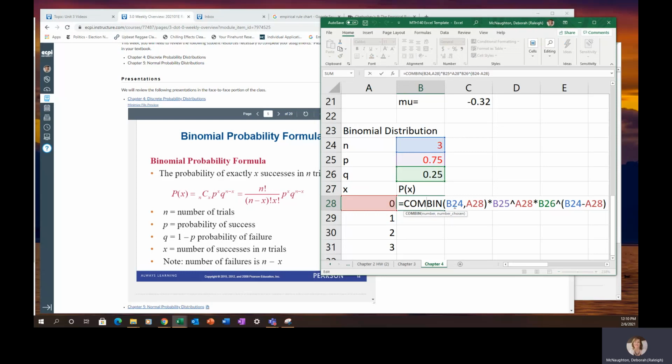So this is the combination of N choose X, and I'm going to anchor the N.